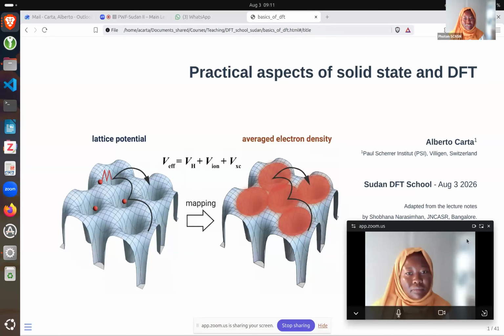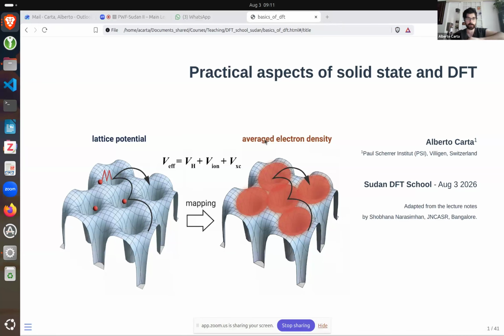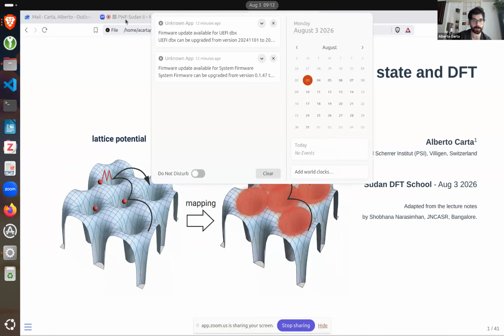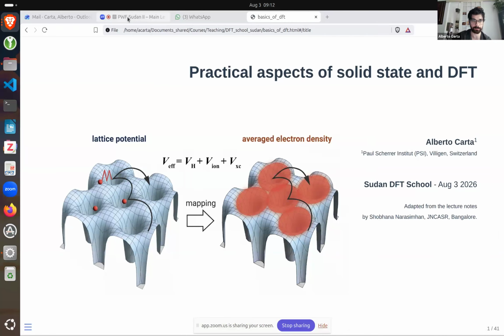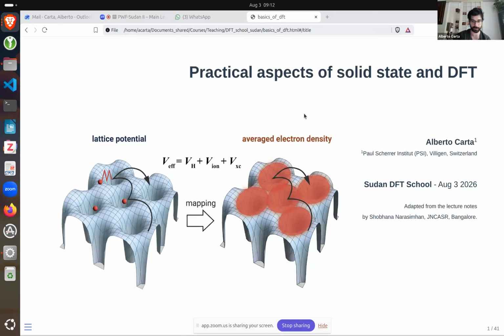Yes. Let me close this. Okay, so I cannot see the Zoom directly. So please block me if I get tangled in something and I don't see you. Okay. So welcome everyone.